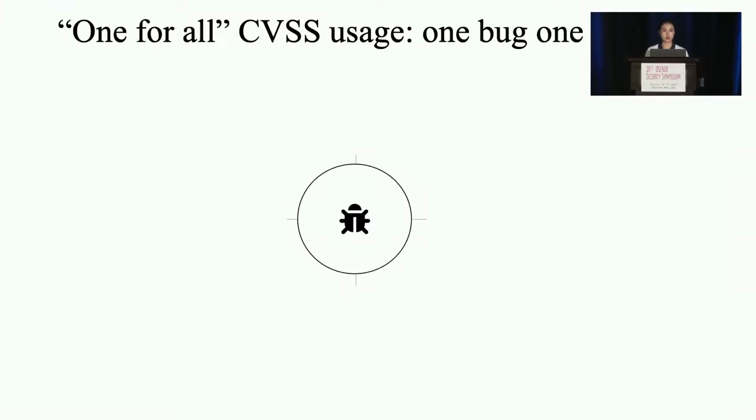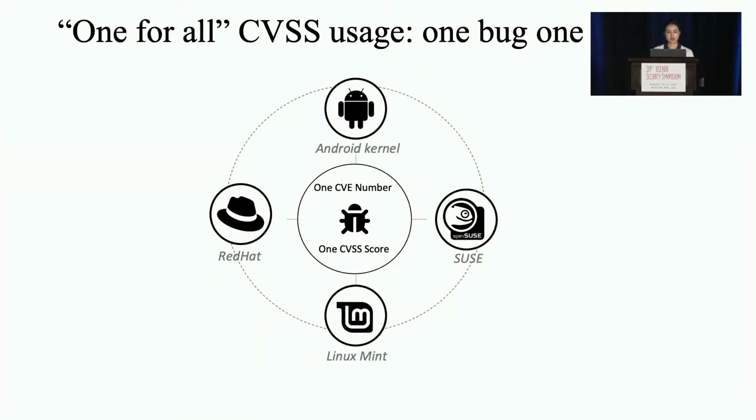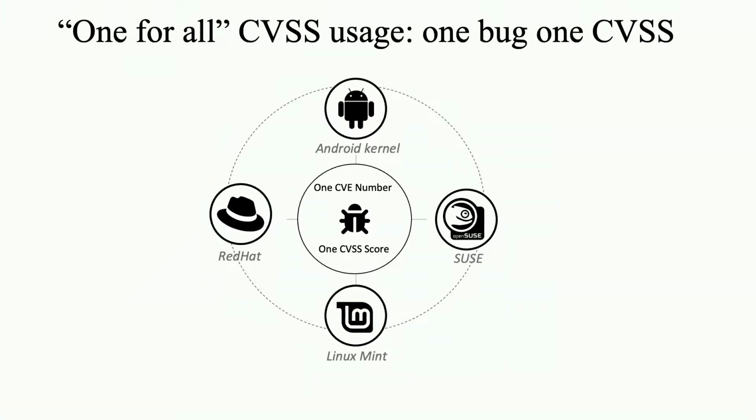When a bug reporter requests a Common Vulnerabilities and Exposures entry for a vulnerability, the CVE maintainer usually assigns one CVE number to the vulnerability with one single CVSS score. However, all affected versions or derivatives will then simply honor the assigned CVSS score to perform the patch prioritization.